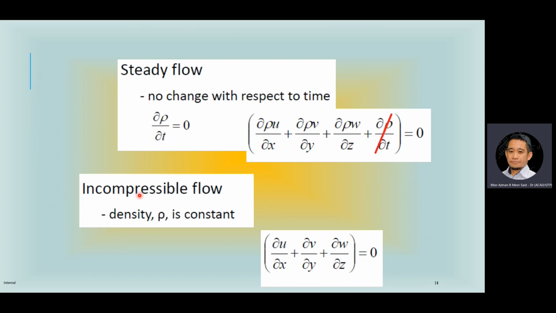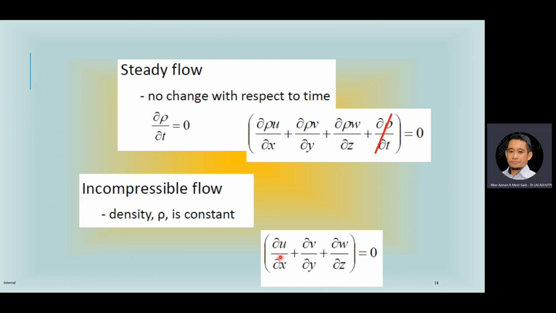And if it's steady and incompressible flow, where density is constant, it's partial u over partial x plus partial v over partial y plus partial w over partial z equal to 0. So this is the final continuity equation for steady, incompressible flow. It's a very important equation.